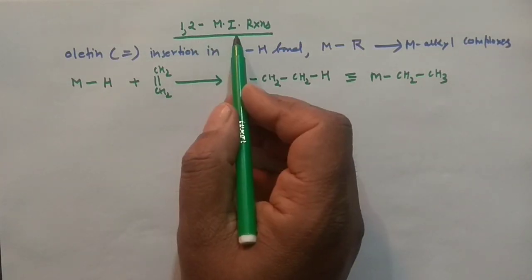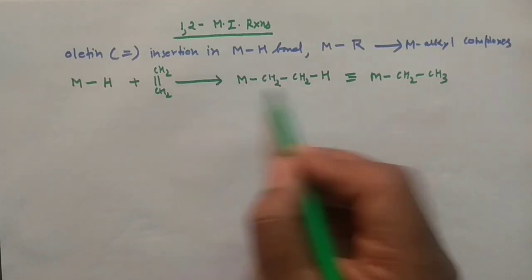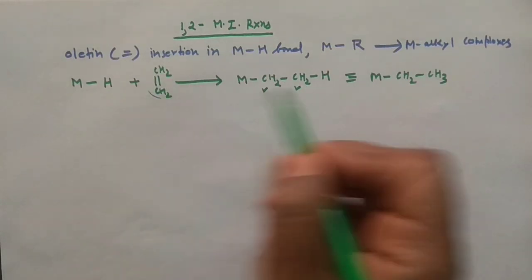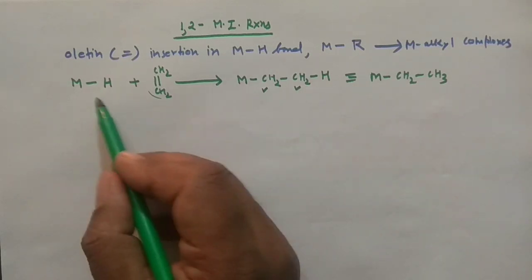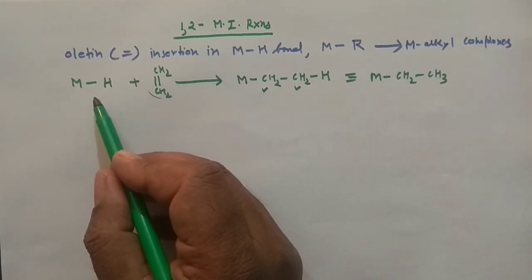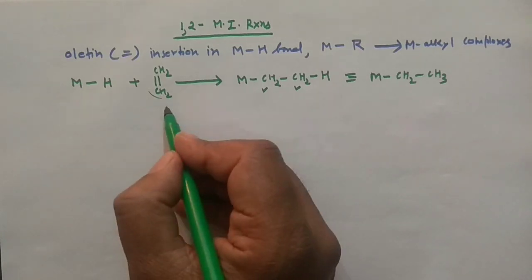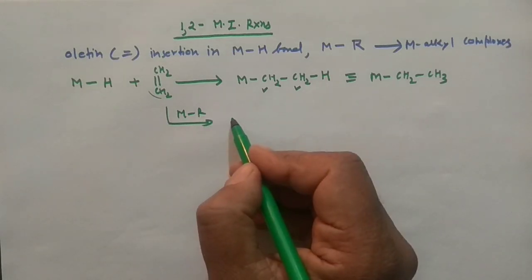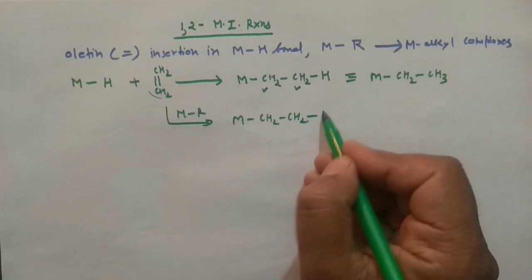And why is it a 1,2 migratory insertion reaction? Because the metal and the migrated hydrogen form bonds with different atoms of the unsaturated ligand. This is very common when you insert this alkene into the MH bond. And when you insert this alkene, you can also do the reaction in that way, so you can find M CH2 CH2R.